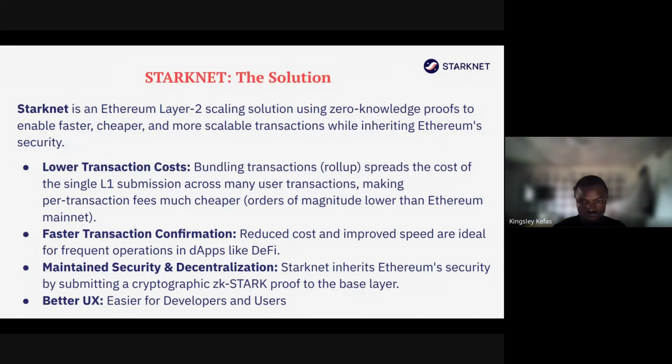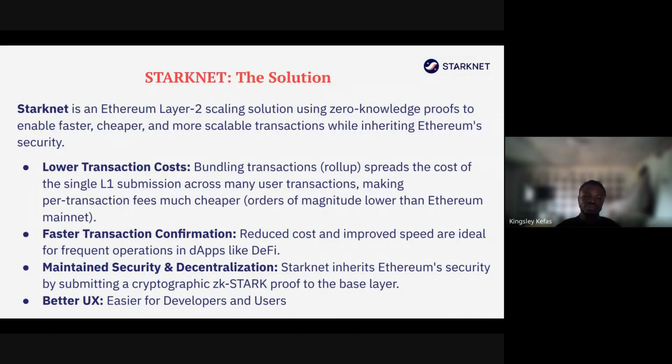Starknet is an Ethereum layer 2 scaling solution that uses zero knowledge proofs. So it basically uses cryptography, mathematics, and all that. It uses zero knowledge proofs to prove transactions, thereby enabling faster, cheaper, and more scalable transactions while inheriting Ethereum's security.